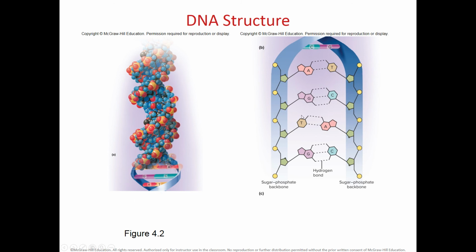And if you see a representation of the hydrogen bond between the 2 strands, you will see that between adenine and thymine you have 2 hydrogen bonds, and between guanine and cytosine you have 3 hydrogen bonds. And that's always the same. So in between the strands, you have the nitrogenous bases, and then in the backbone, you have the deoxyribose sugar and the phosphate group.